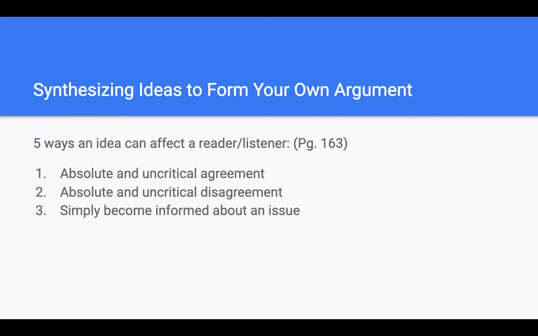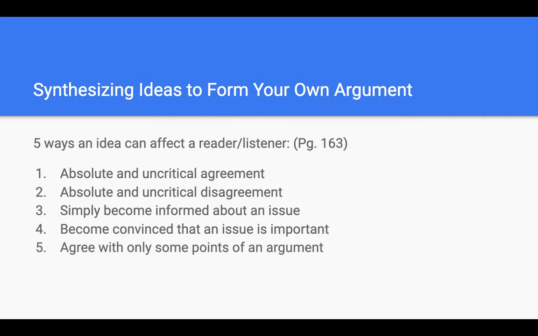And we want it to come from a more credible source than ourselves. 4, a source can convince them that an issue is important. So rather than saying you should agree or disagree with my issue, the argument of the source is this is something you should care about, or it is important, or there's a reason you should listen to me.